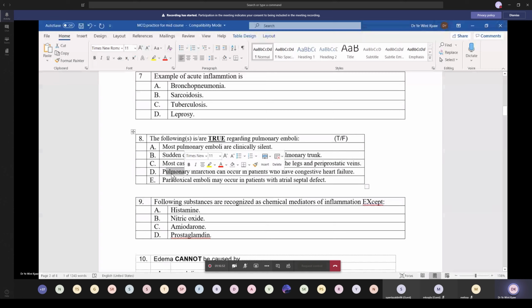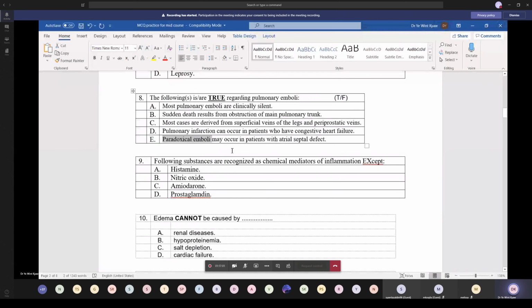Paradoxical, you read but again, paradoxical means they deviate from the normal way. Normally the emboli come from the veins, but now they come from the heart because of a heart septal defect. Usually the thrombus from the heart enters the systemic circulation, either brain, spleen, liver, kidney.